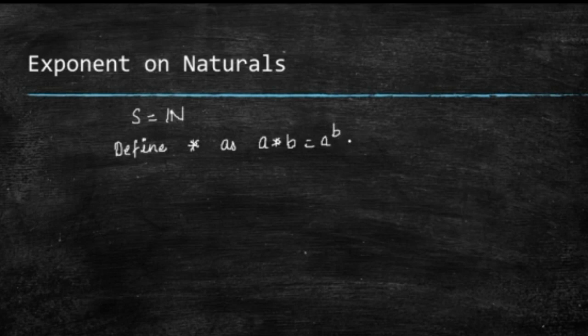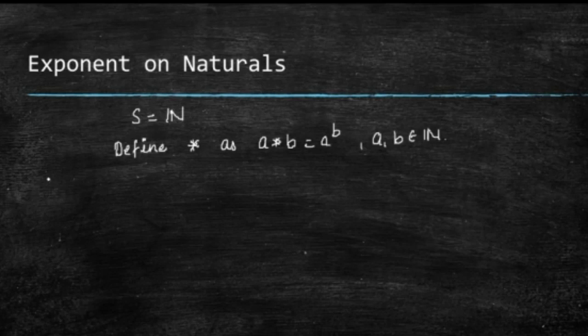And you have to find out whether this star, which we defined on the naturals, is binary or not, and if it is binary, whether it is associative or not, right? So this is for A, B belonging to the naturals. If you remember, in order to show that the operation is binary, we should find out that the result after applying the operation on two elements should be in the set of naturals itself, right? It should not go outside the set.